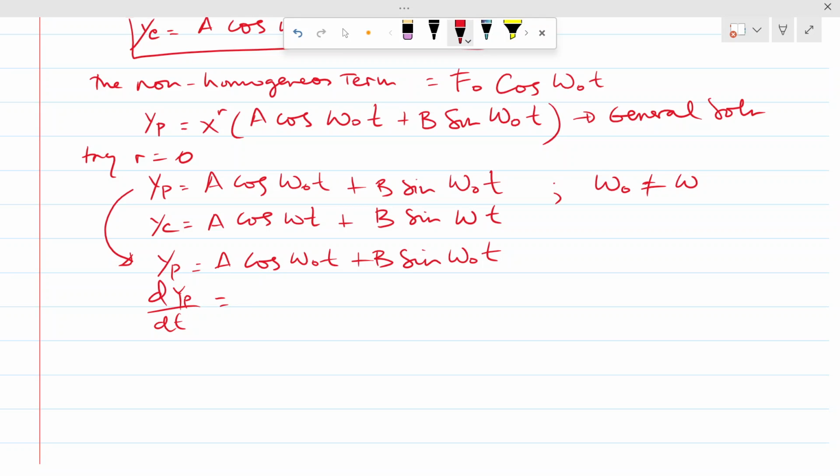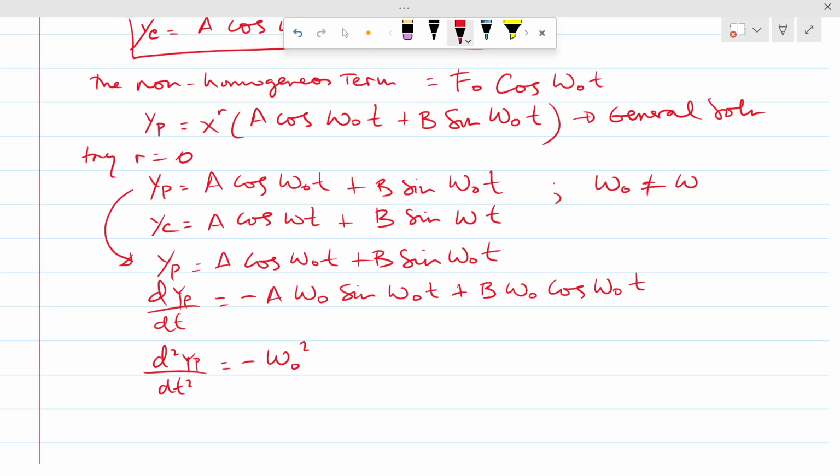So dyp over dt will give us negative a w naught sin w naught t plus b w naught cos w naught t, and the second derivative is negative w naught square a cos w naught t minus b w naught square sin w naught t.